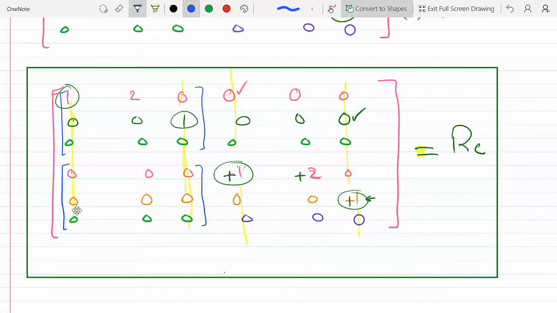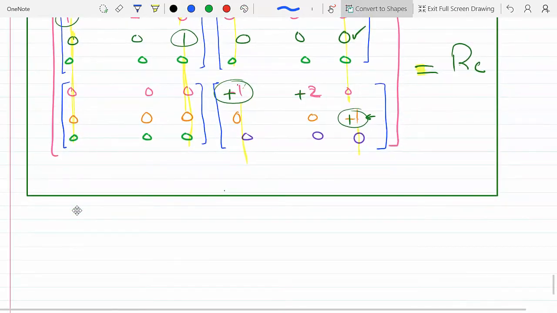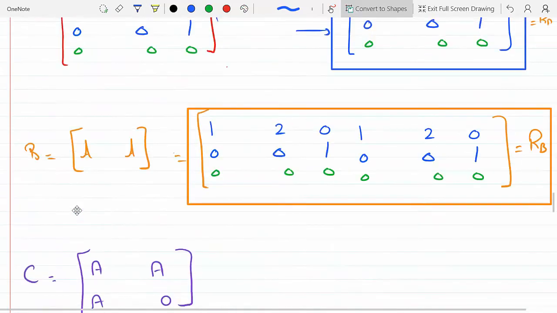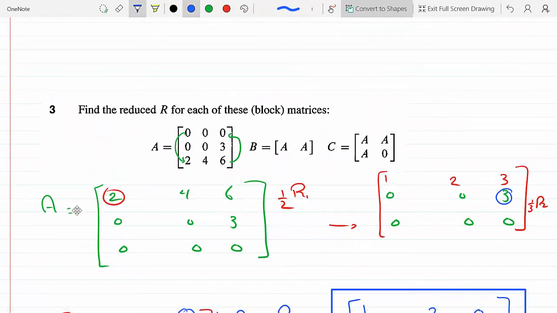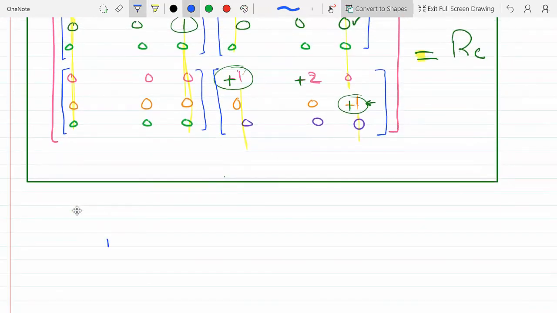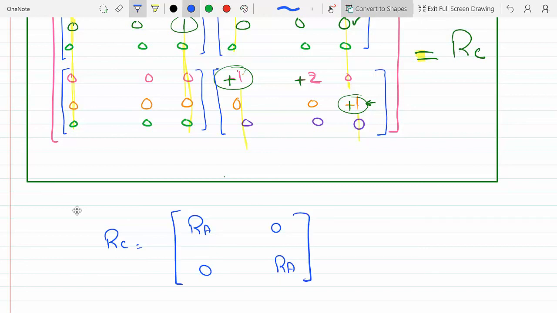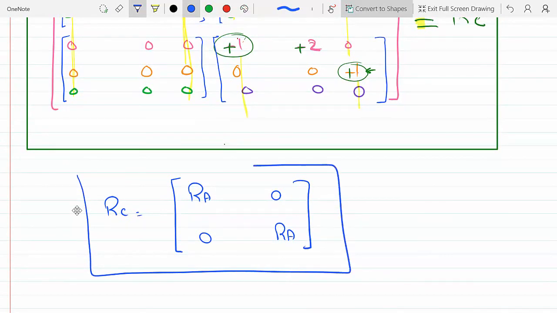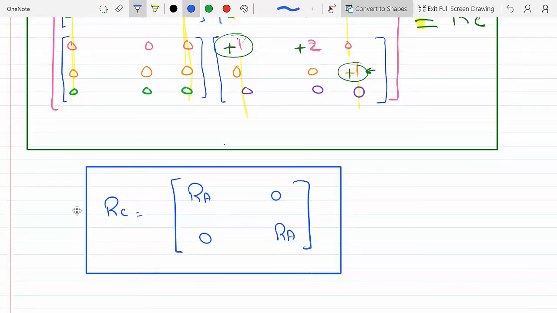And this here is a zero matrix, and this is A. So in effect, when I reduced C, which was A 0, I was able to get R_A. So R_C, the block matrix, is R_A 0 0 R_A. That does it for this question.